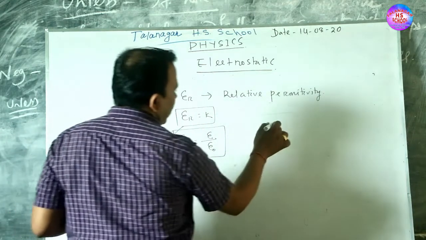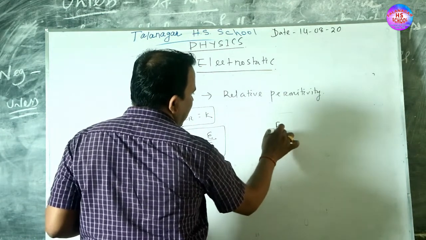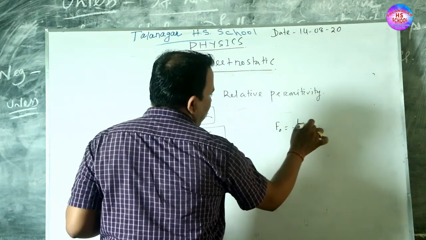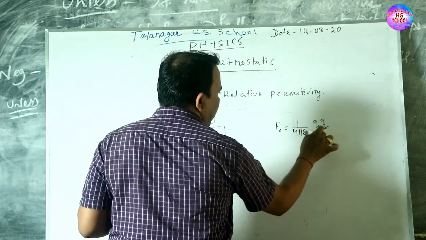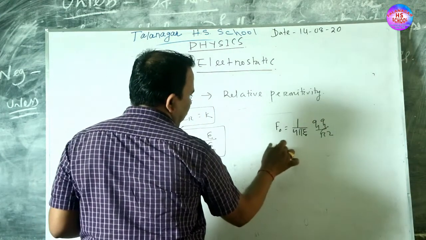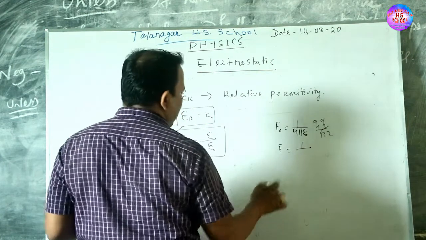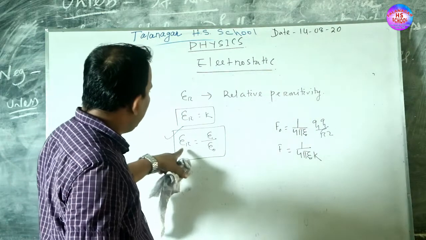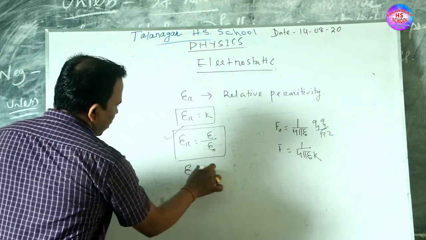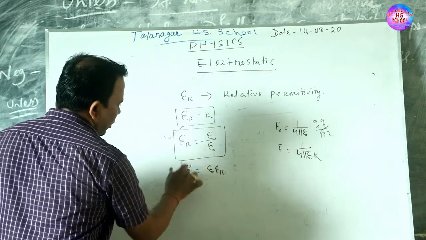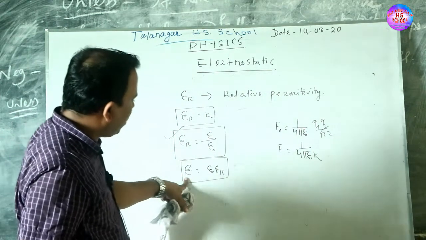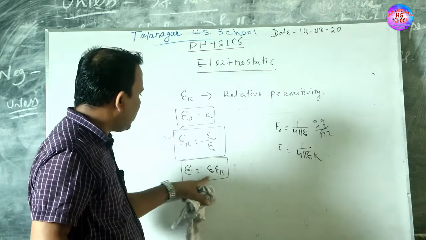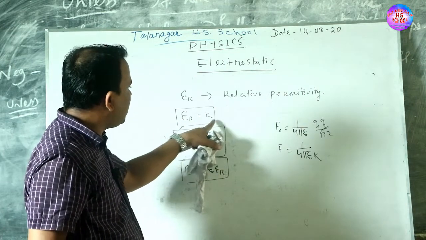In the SI system, for free space, F0 equals 1 by 4 pi epsilon naught q1 q2 by r square, and F in any other medium is 1 by 4 pi epsilon naught k q1 q2 by r square, because epsilon is equal to epsilon naught into epsilon r. Putting the value of epsilon r, epsilon naught epsilon r is equal to k.